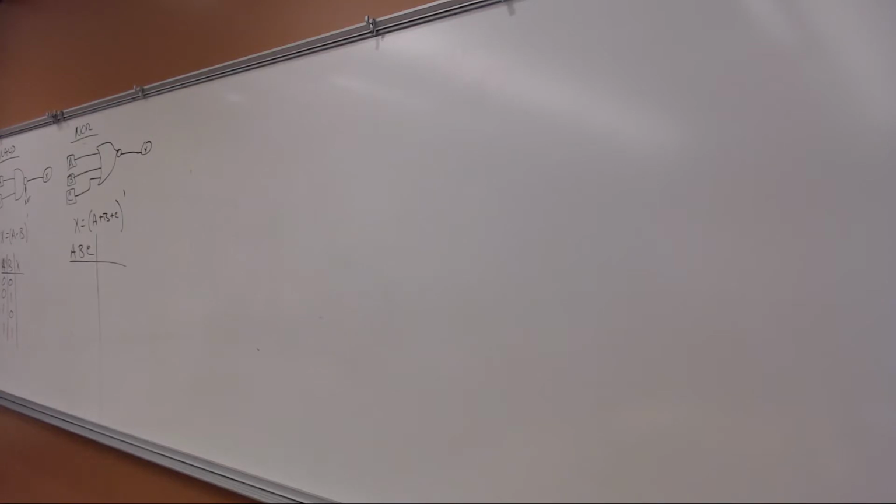It's 2 to the 3rd, so there's 8. 0, 0, 0. So I want to count from all zeros to all ones. 0, 0, 1, 0, 1, 0, 0, 1, 1, 1, 0, 0, 1, 0, 1, 1, 1, 0, and 1, 1, 1. Those are the 8 states. That gate cannot have any other states. That's why computers are called finite state machines. It's an exacting, precise number, always.